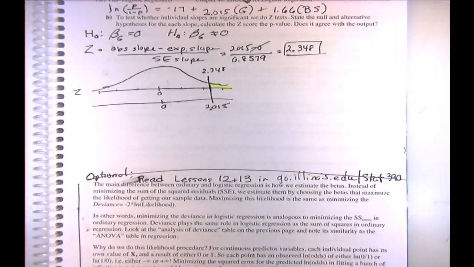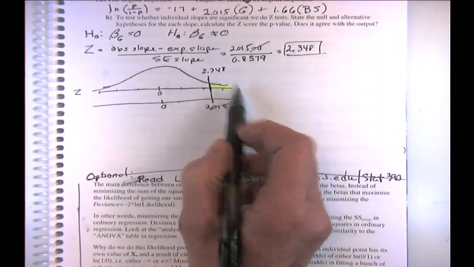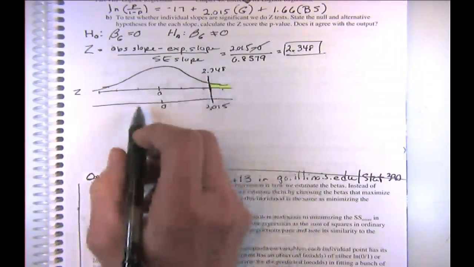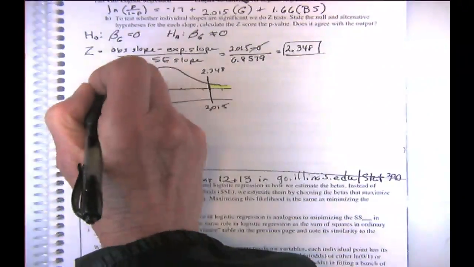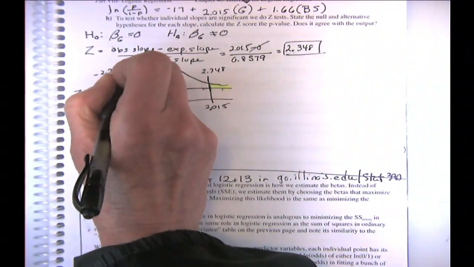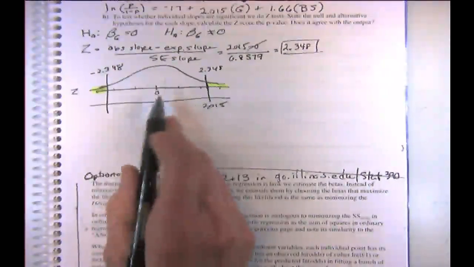For the two-sided, we say as extreme as that or more extreme in either direction. So between 2.348 and negative 2.348. Okay? So if we're doing a two-sided, we didn't know which direction it would go.